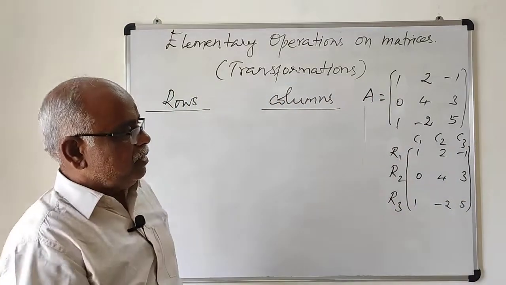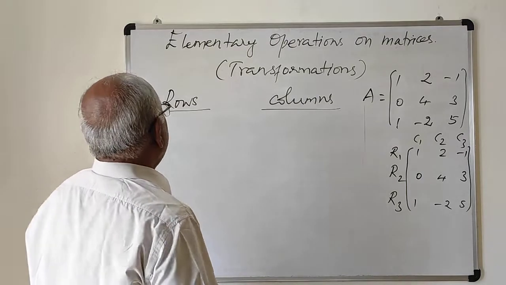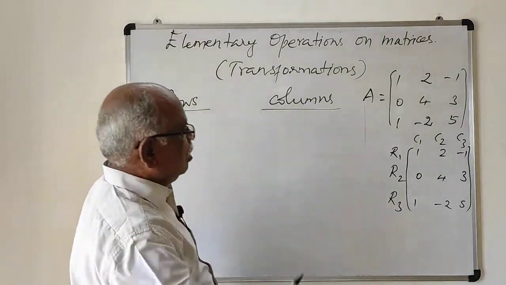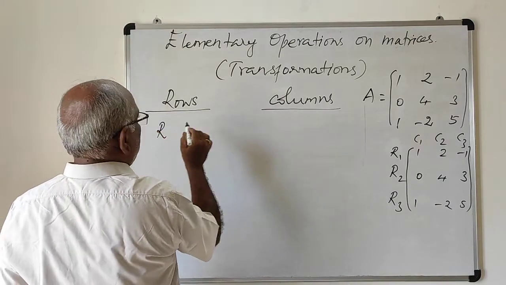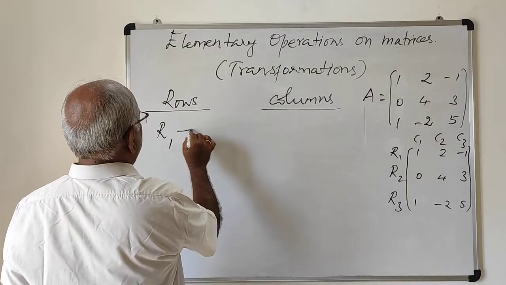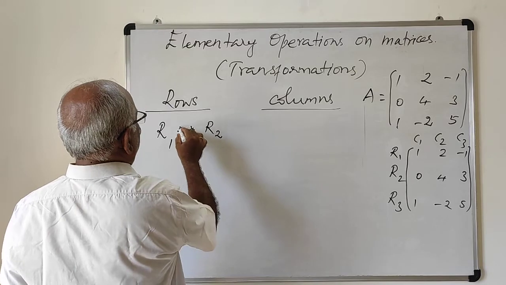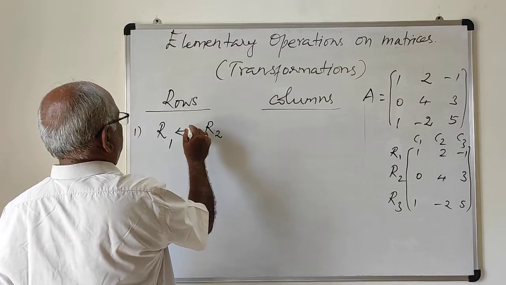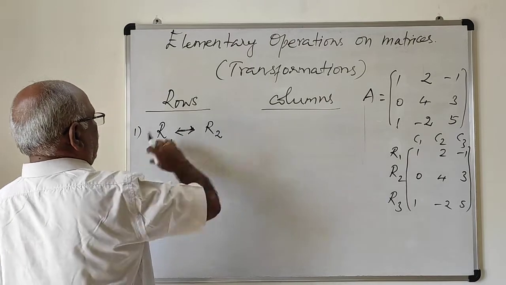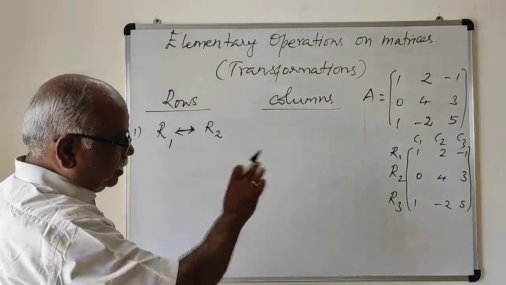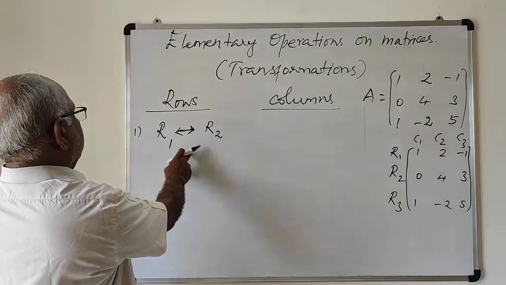For example, with a row operation, any 2 rows are interchanged. R1 and R2 are interchanged, means R1 goes to R2 and in turn R2 goes to R1. That means R1 and R2 are interchanging.